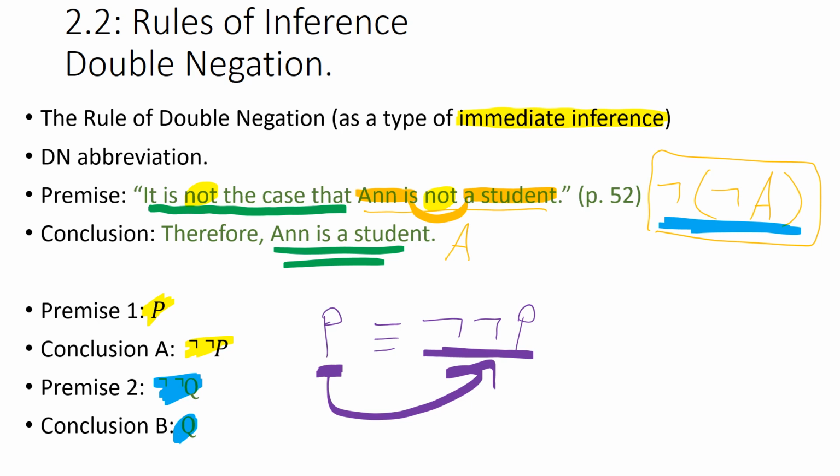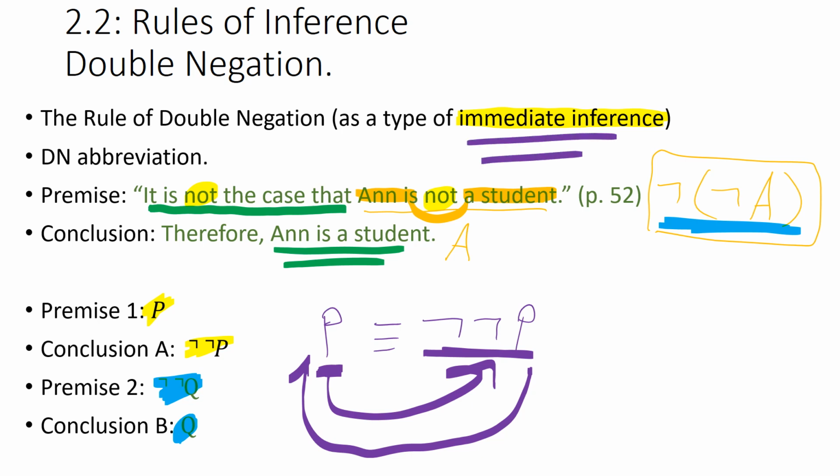From this right-hand side, not not P, you can arrive at this left-hand side, P. That's why they're equivalent. That's also what makes, in a way, double negation an immediate inference. We can immediately pull something out of one single sentence to get another sentence.